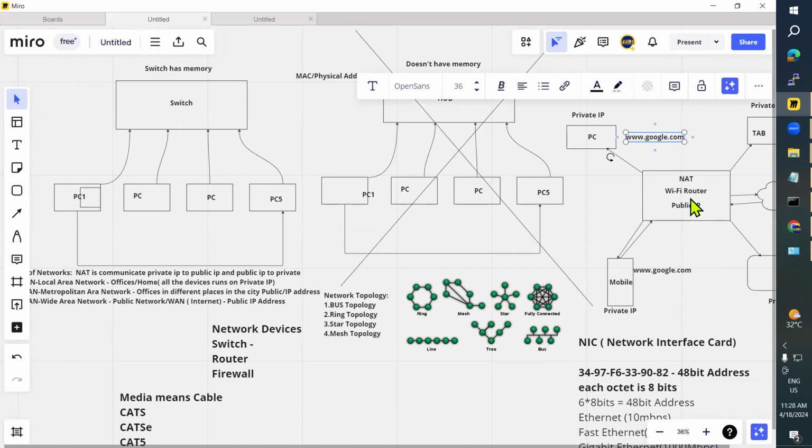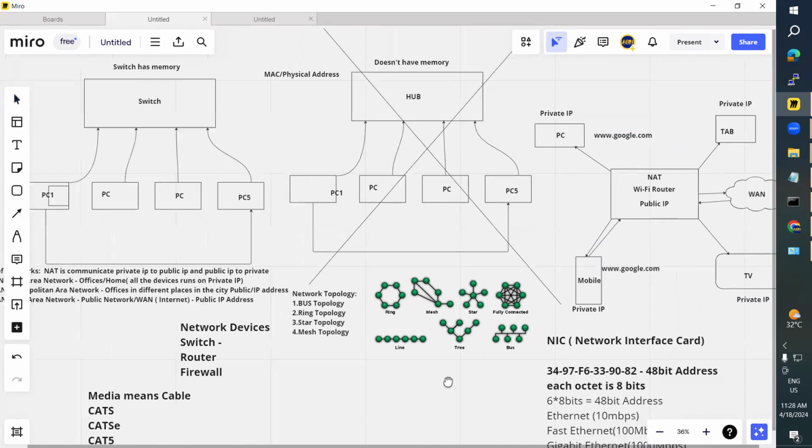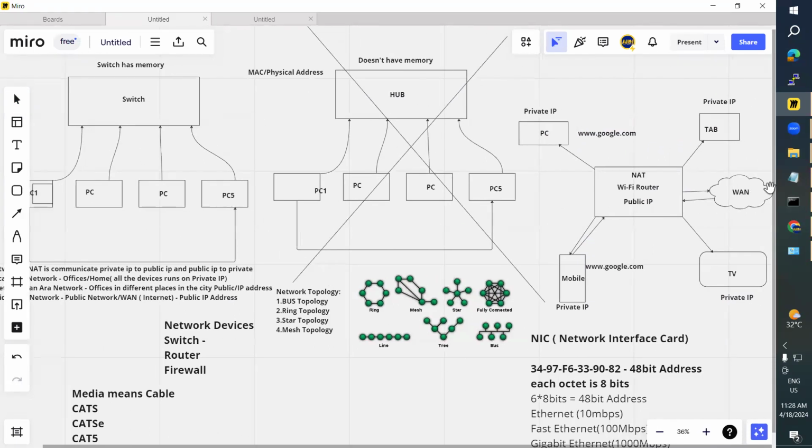The Wi-Fi router takes the request to the outside, meaning the WAN, gets the response, and forwards it to the particular device that requested it.